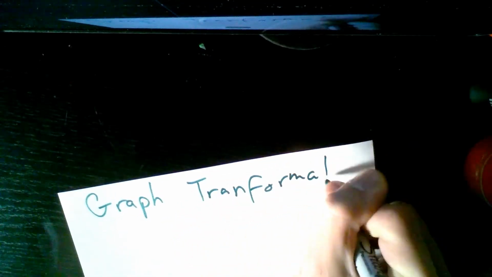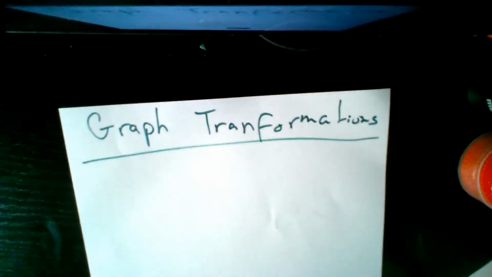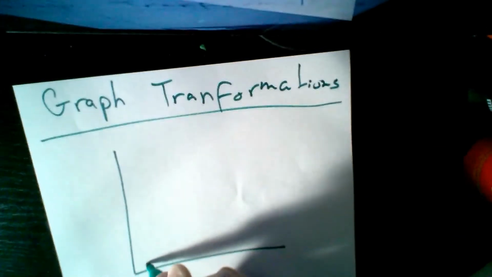Okay, so now we have graph transformations involved with functions. So let's say we have a graph, and on this graph we have a curve.